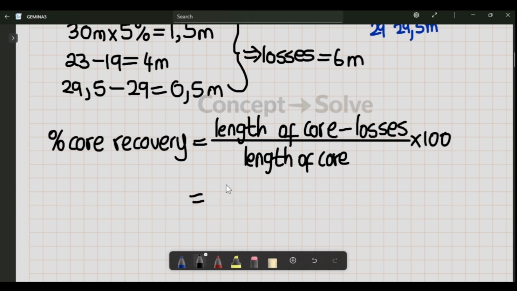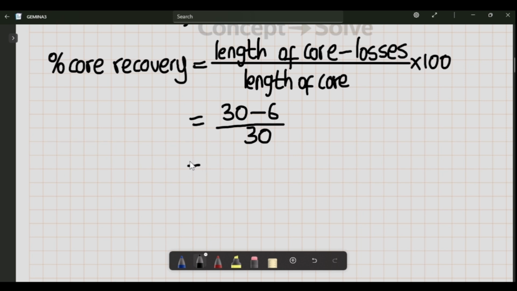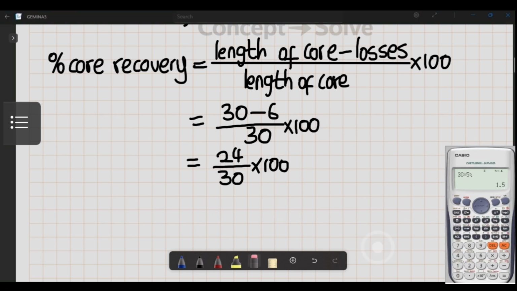Okay, so the length is 30 meters minus the losses 6 meters over 30 meters. This is the same as 24 over 30 times 100, and we get about 80%.